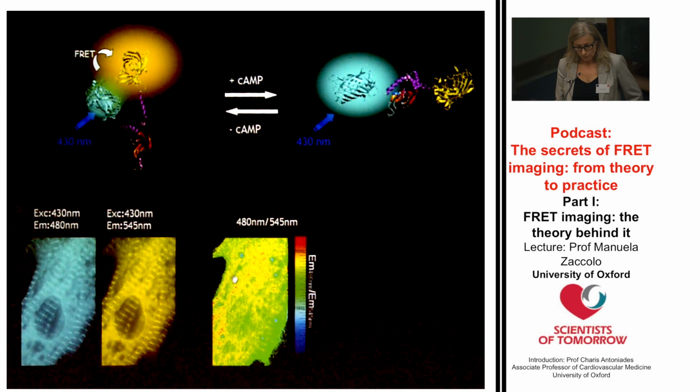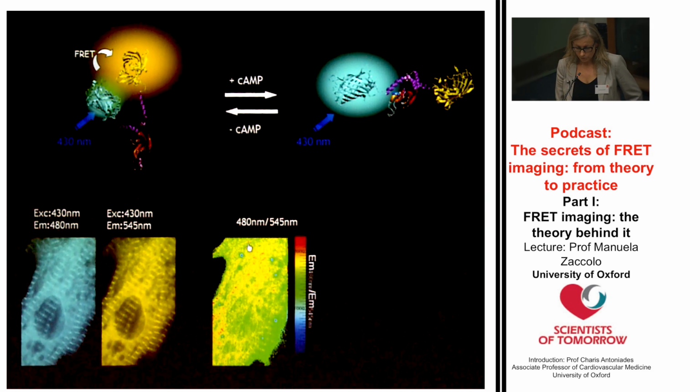We then generate a ratio image where pixel by pixel, the software will calculate the numerical value of the ratio between cyan and yellow emission, and it will assign to each pixel a color according to a predefined color scale. In this particular case, blue-green means low values for this ratio, so low cyclic AMP, and yellow-red means high value for the ratio, so high cyclic AMP.